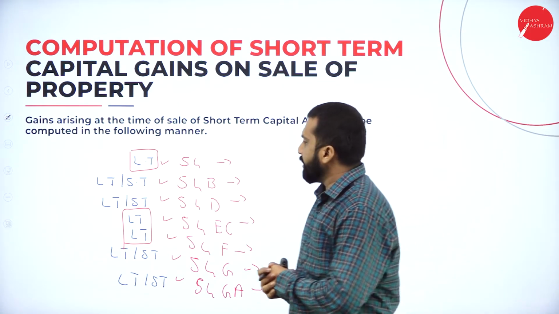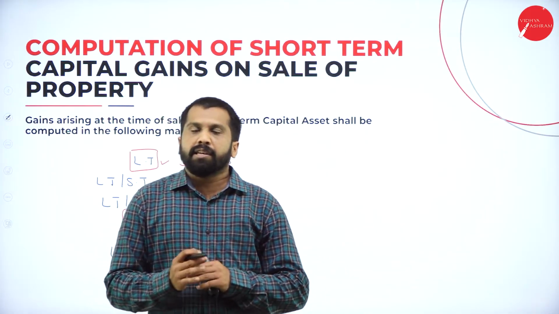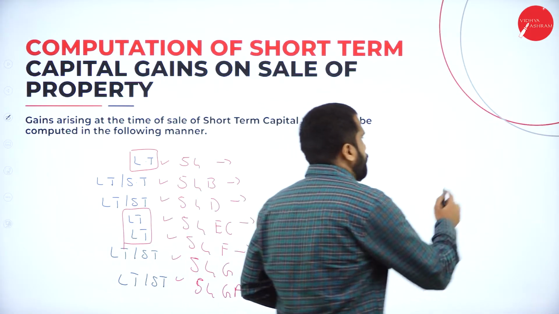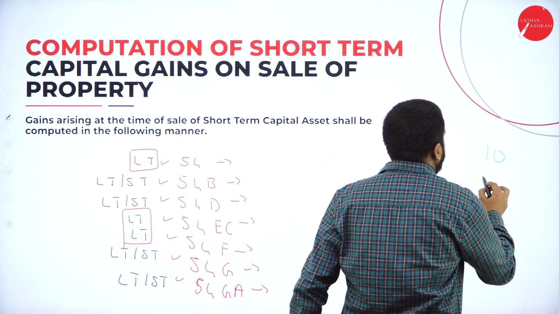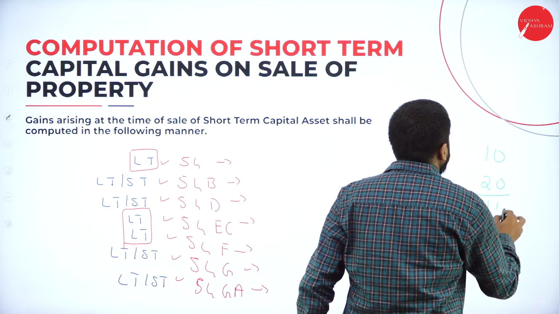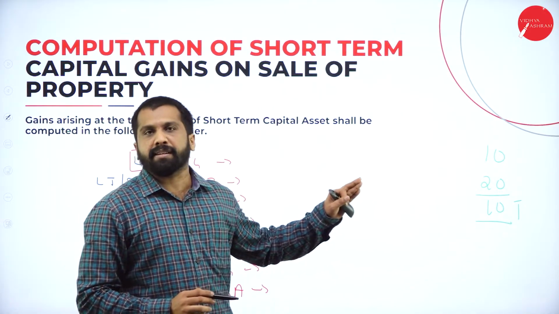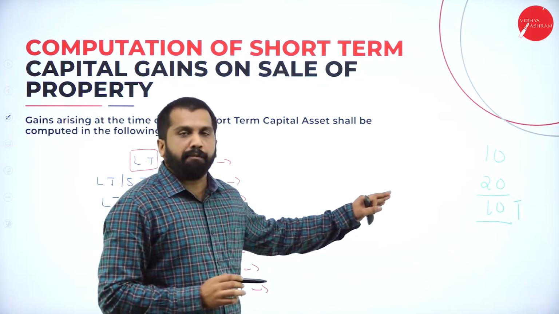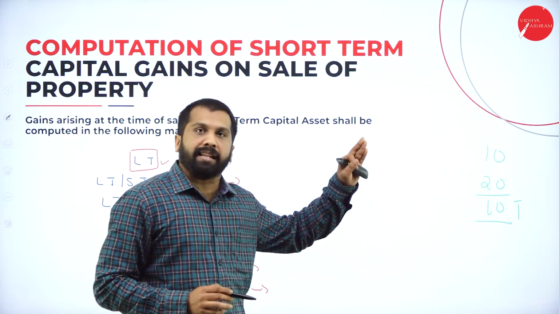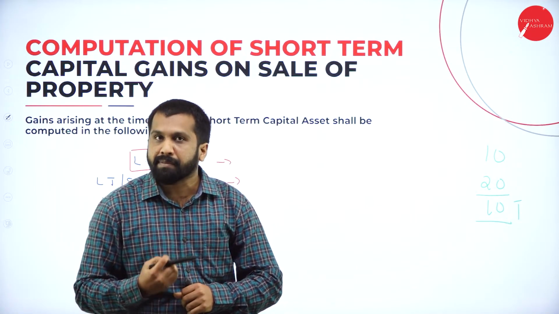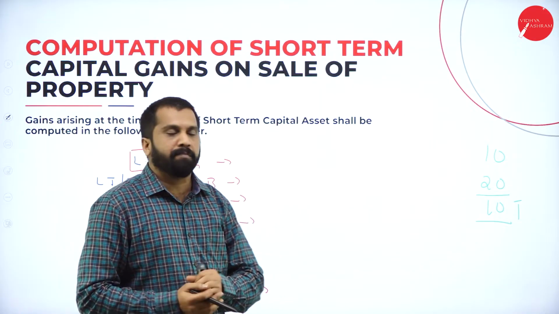Why do we use all these deductions? For example, if you bought one house for 10 lakh and you are selling it for 20 lakh, the balance 10 lakh will be taxable under capital gain. Now, the government has given some permission.